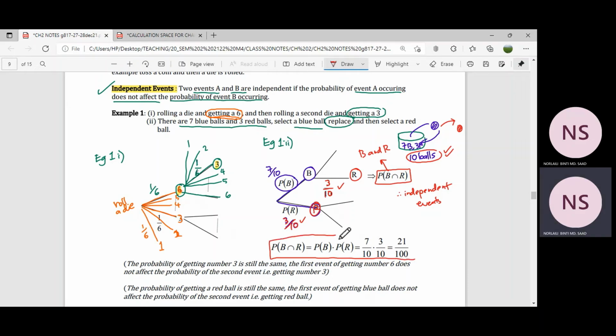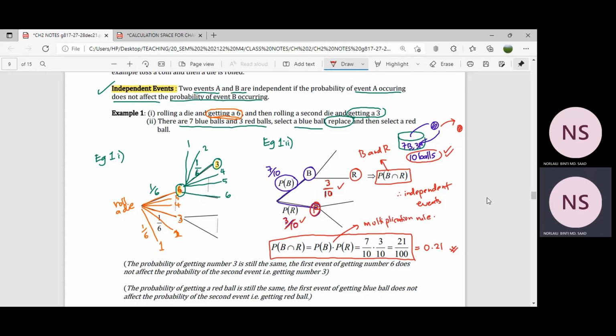You can simply multiply 7 over 10 times 3 over 10. So you'll get 21 over 100, or you may leave it as 0.21. This is the multiplication rule. Nampak kat sini dia multiply kan? Inilah, this is the multiplication rule.